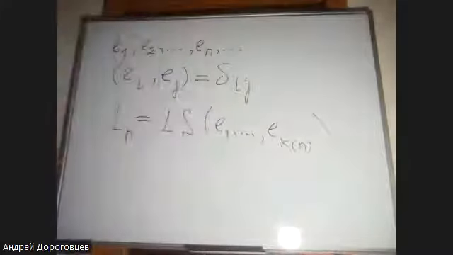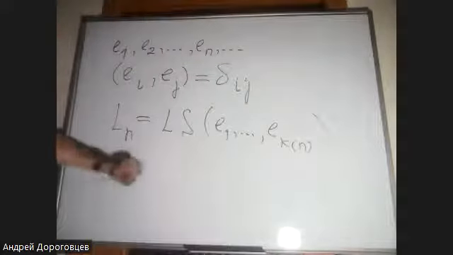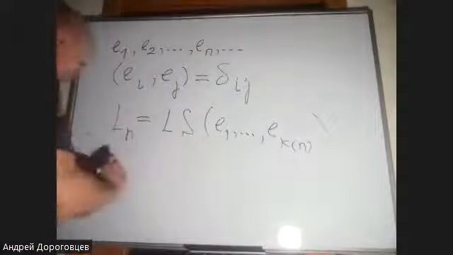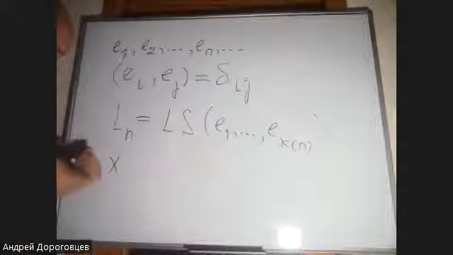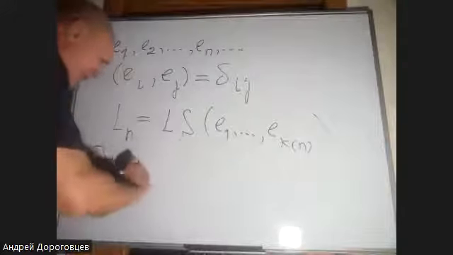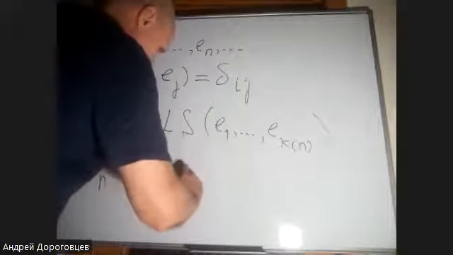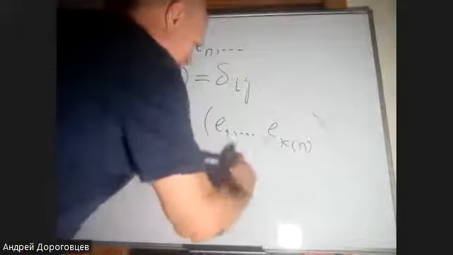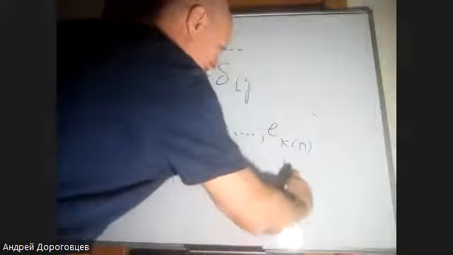From this point of view, one can check that now any x has the following property. We can find for P_n x the representation: it is equal to alpha_1 E_1 plus ... plus alpha_{k_n} E_{k_n}.